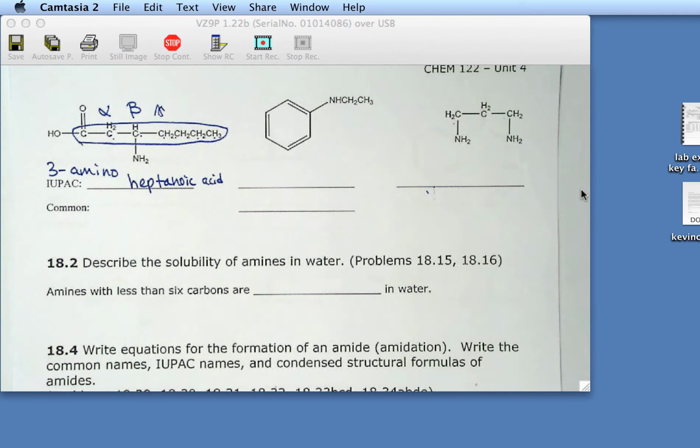Your carbon is connected to your OH. That's your starting point. And you bump down to the next one. That's your alpha. And the next one's your beta. And the next one's your gamma.